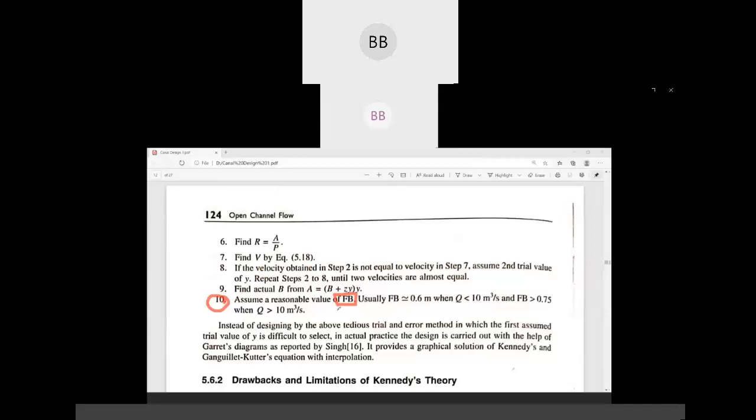But in this particular theory, Kennedy's, what Kennedy has given is that we provide 0.6 meter when discharge is less than 10 meter cube per second, and when it is greater than 10 meter cube per second, we provide greater than 0.75, or you can also provide 0.75.